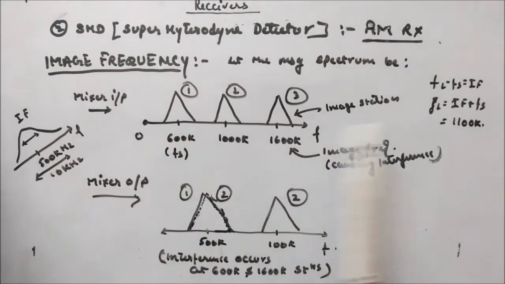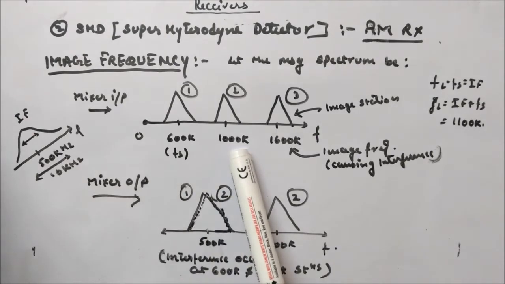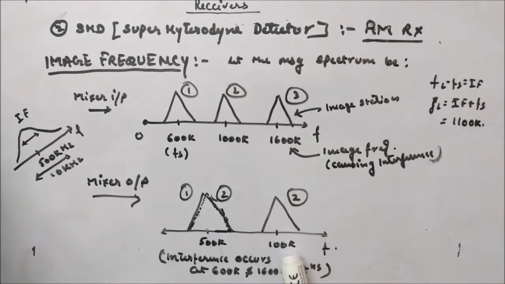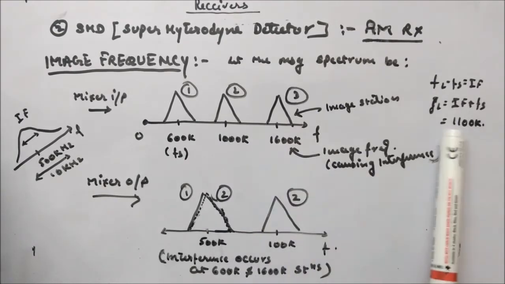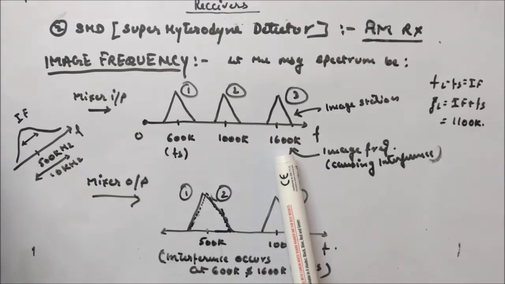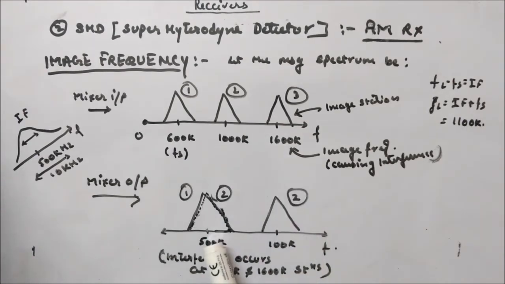So 1100 minus 600 means 500K, 1100K minus 1000K is 100K, then 1100K minus 1600K comes out to be again 500K.